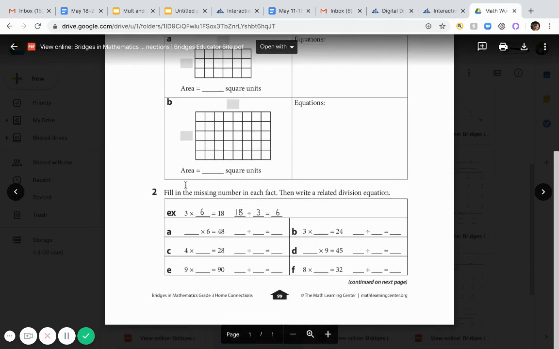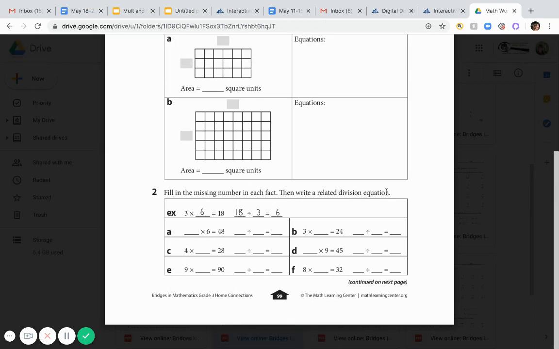And then on the bottom, we are going to be entering the missing number. Now, I want you to remember that multiplication is the opposite of division, and division is the opposite of multiplication. So in our example here, we have 3 times 6 equals 18.